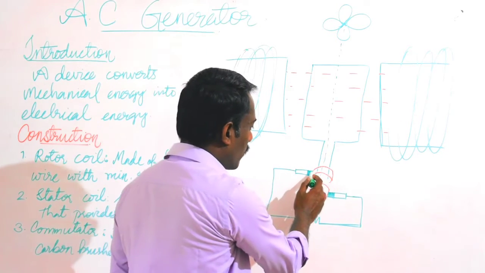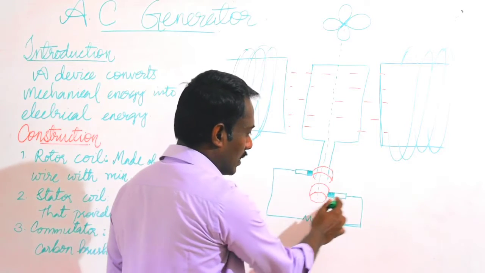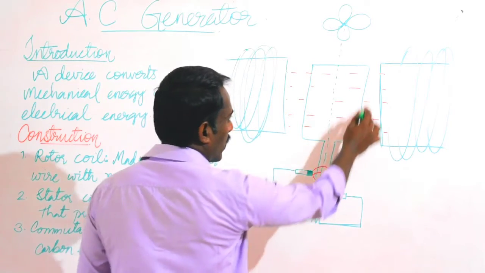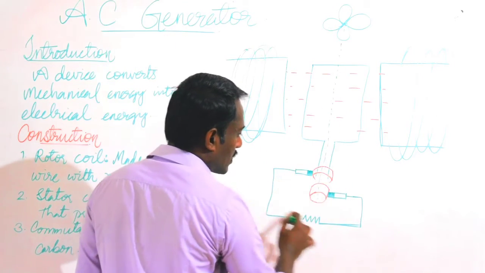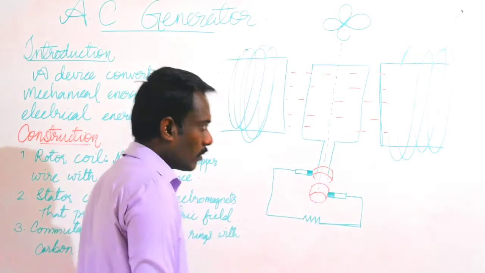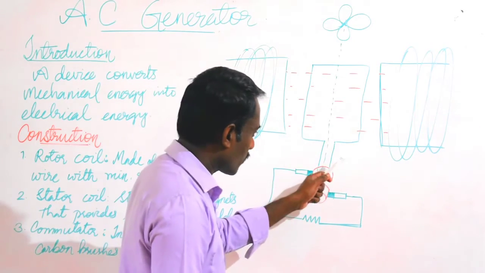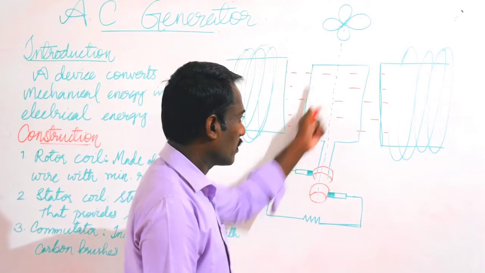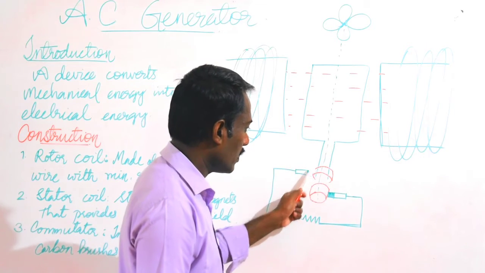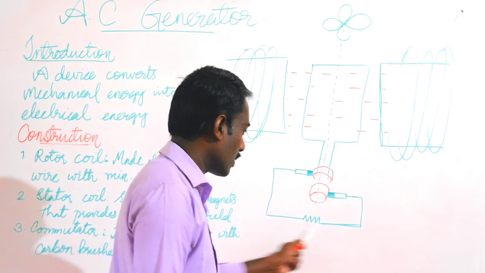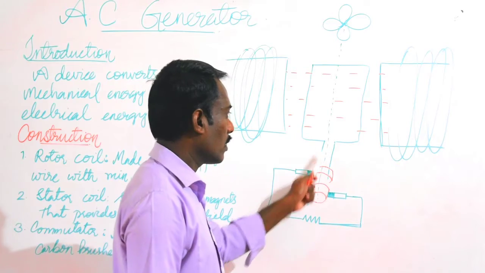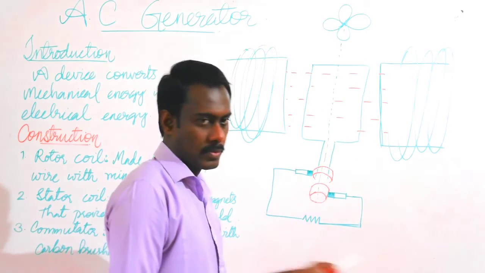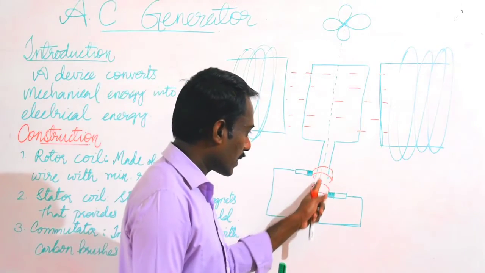The electric current flows from the positive end to the negative end, goes back to the coil and completes its cycle. When the coil rotates further, the direction of the electric current changes. The other end becomes positive and this end becomes negative, so the current flows through the circuit and completes its cycle like this.